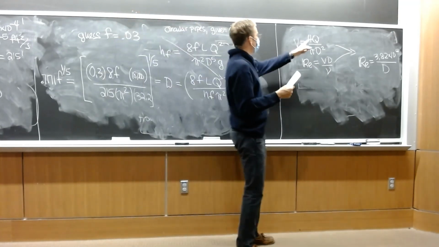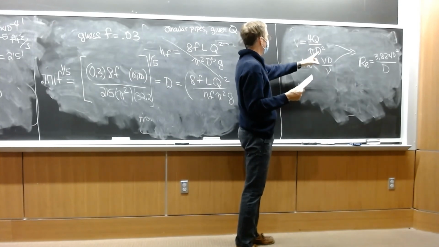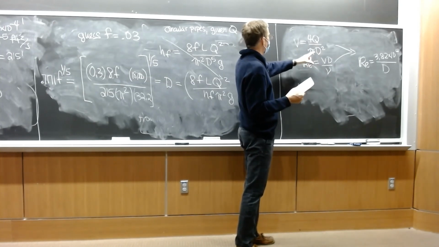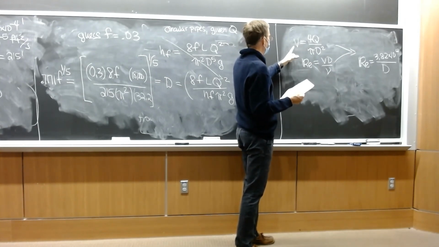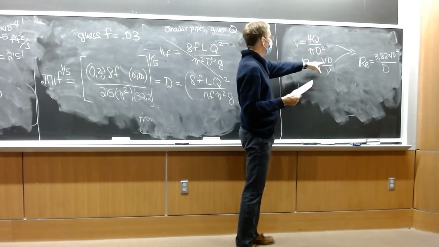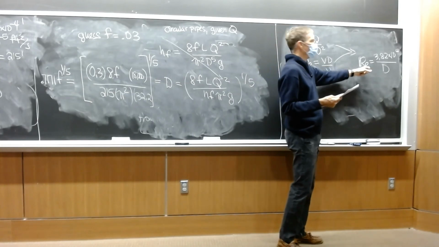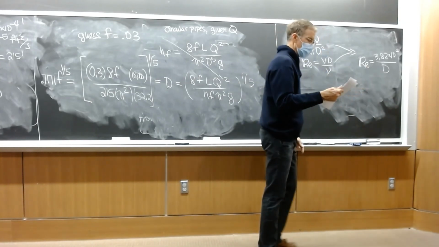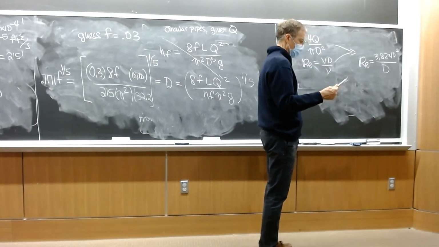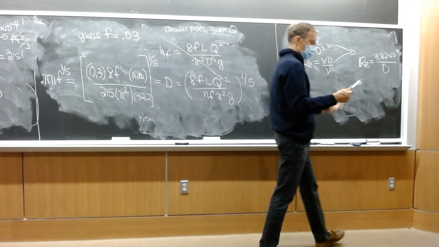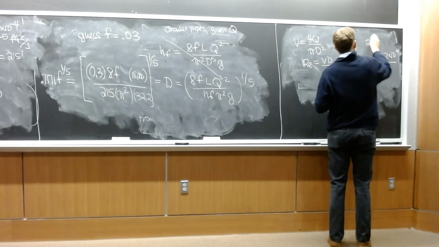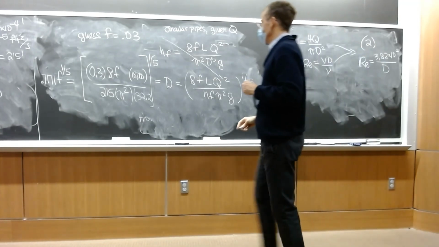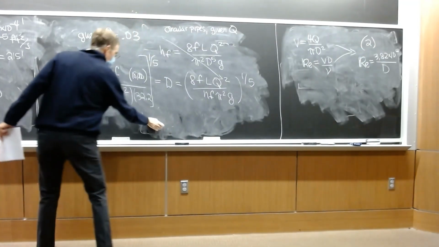So I put the known Q in there, and that gives me a relationship between V and D, and then plug that into here to get a relationship between Reynolds number and diameter. This is what you end up with. So that's our second equation that we can use, where this one is our first equation.